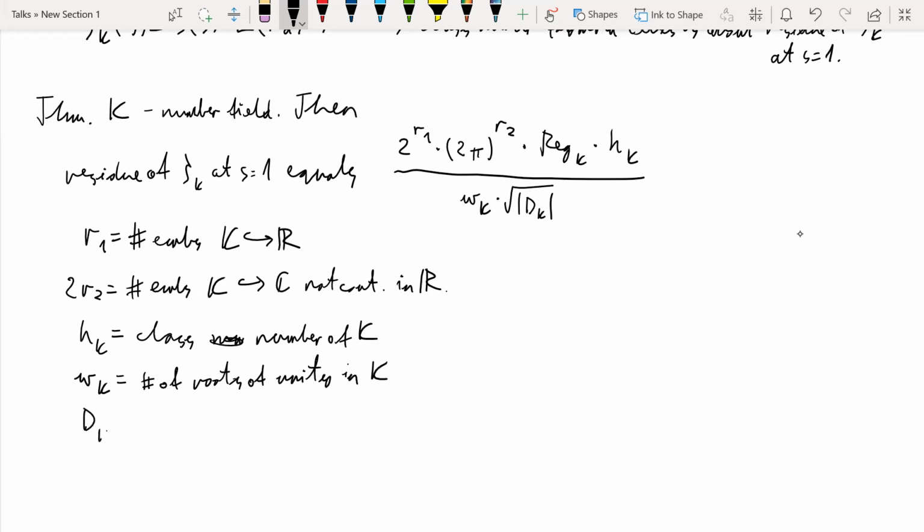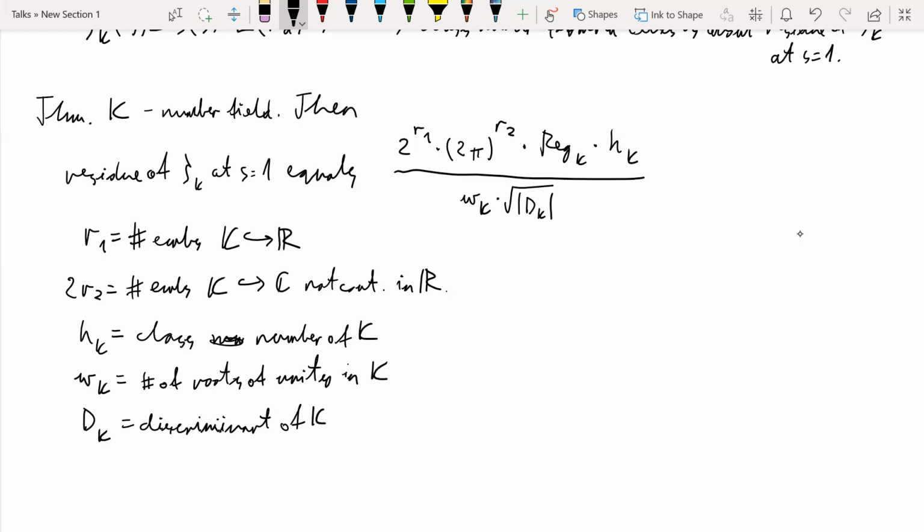D_K, this is the discriminant of K, which I will not define here.